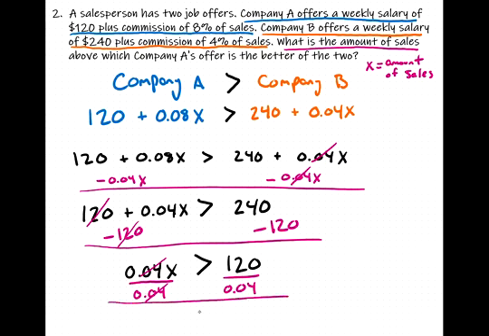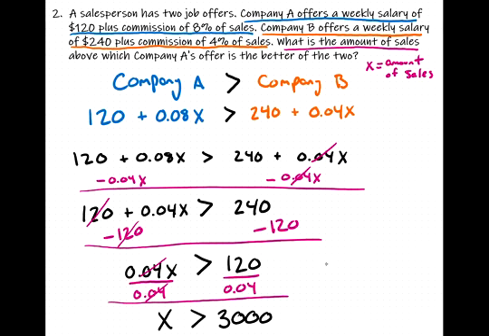So on the left-hand side, we're left with just X. And then on the right, we have 120 divided by 0.04. And you could use a calculator for that if you like. That would give you 3,000.